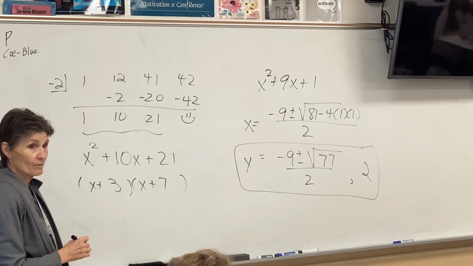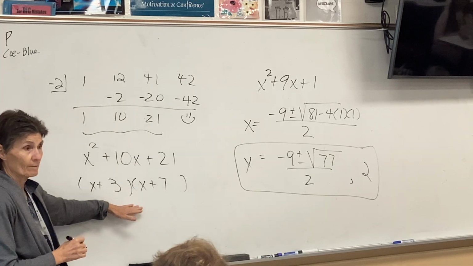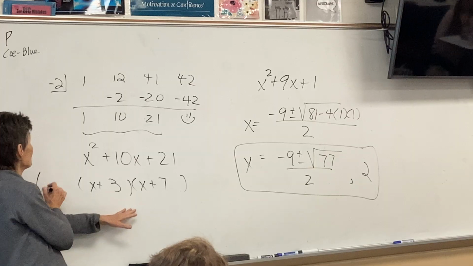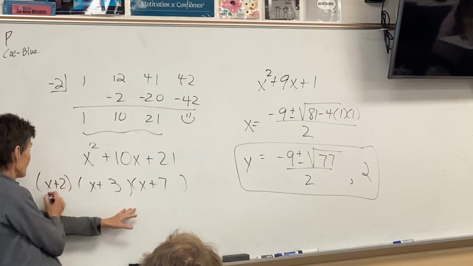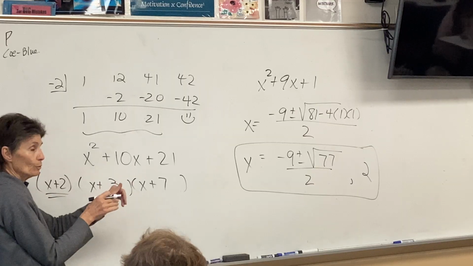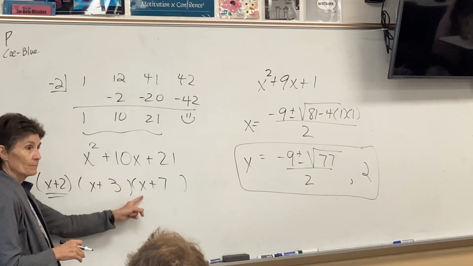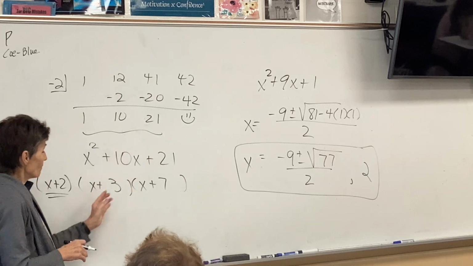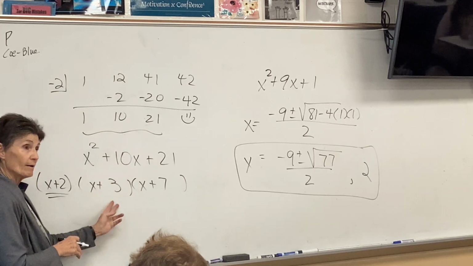So what are the other two factors? Right there they are. The factor they gave me was x plus 2. That was given. But then they said, what are the other two? Right here they are. After I divide, they're the factors that are left.